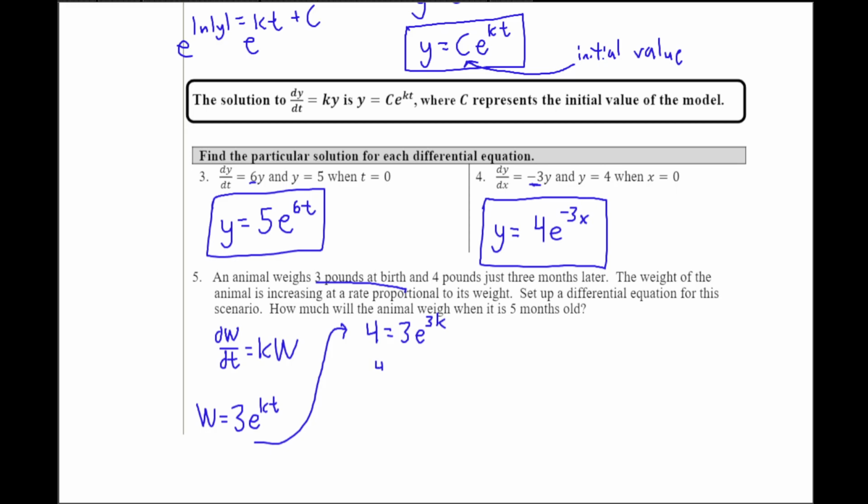And then 4/3 is equal to e to the 3k. If we natural log both sides, we have ln of 4/3 on the left. Again, natural log of e to the 3k, the ln and e cancel out, you're just left with the 3k. So if you divide both sides by 3, k is equal to ln of 4/3 over 3.